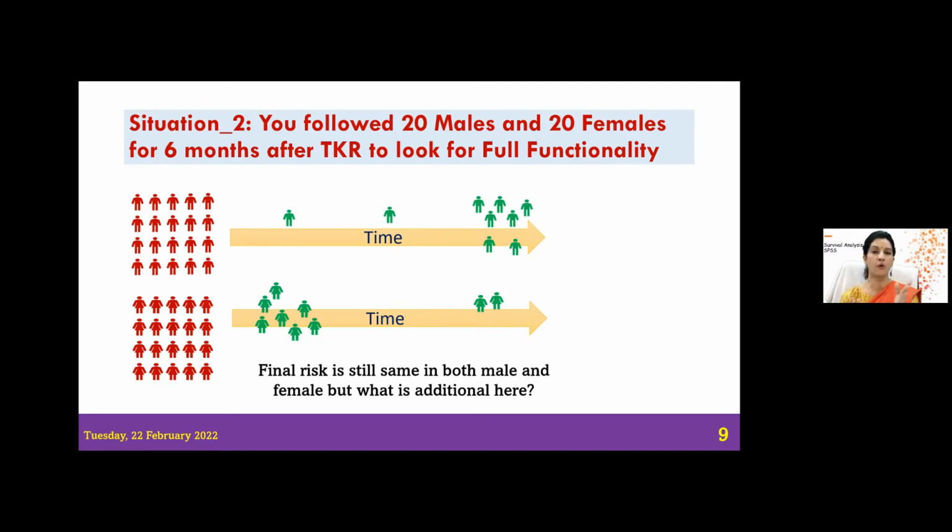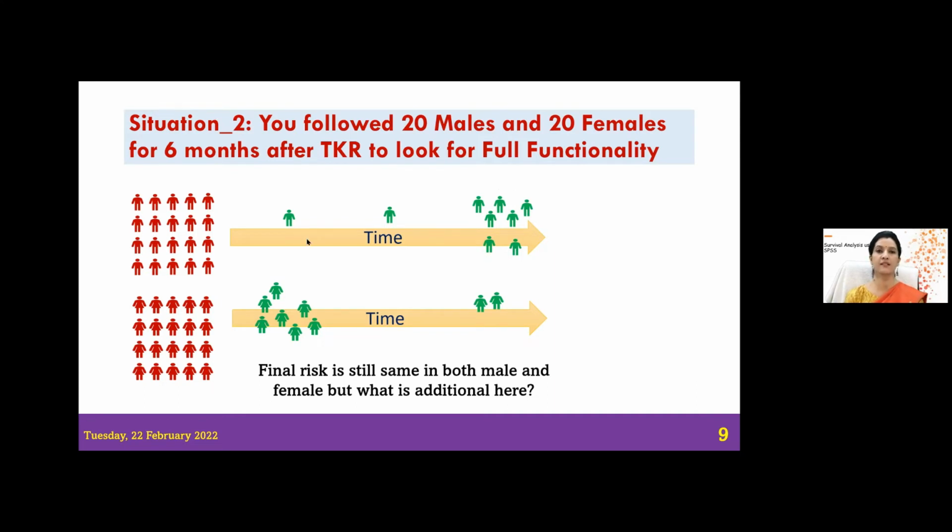But after how long there will be recovery or an event, for that you need this time to event data. So am I making sense to all of you why this time to event is important and how it is different from overall risk?